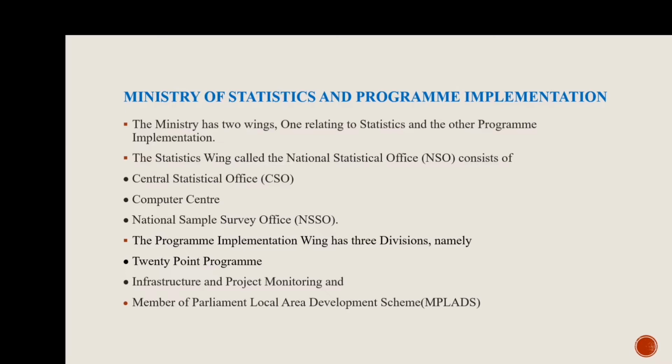Once again, what is the full form of CSO? Central Statistical Office. What is NSSO? National Sample Survey Office. Okay. The program implementation wing has three divisions, namely the 20-point program, infrastructure and project monitoring, and the Member of Parliament Local Area Development Scheme.